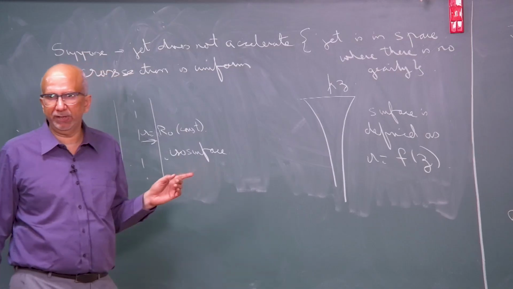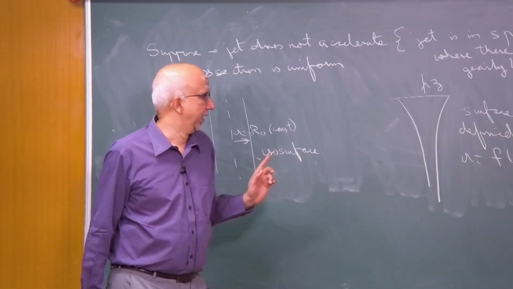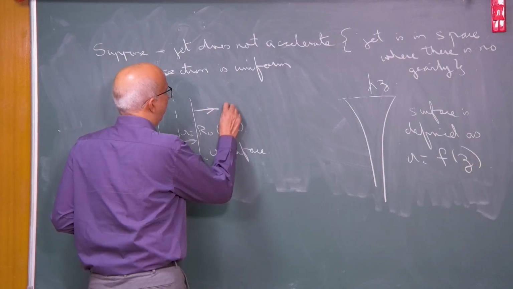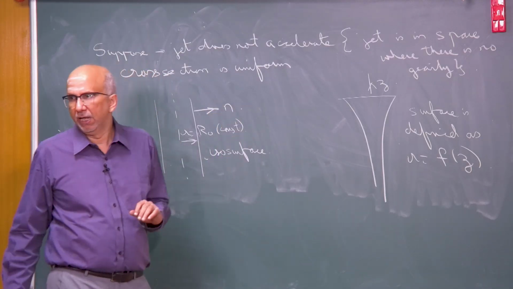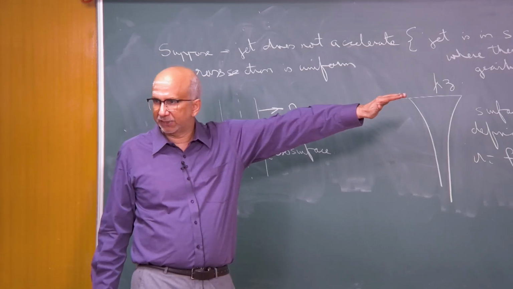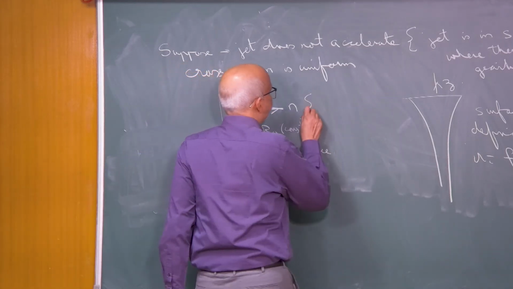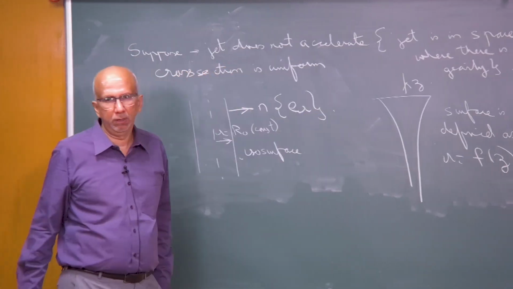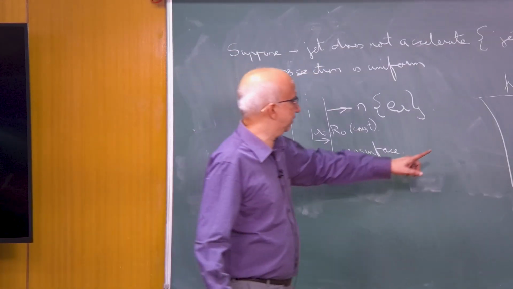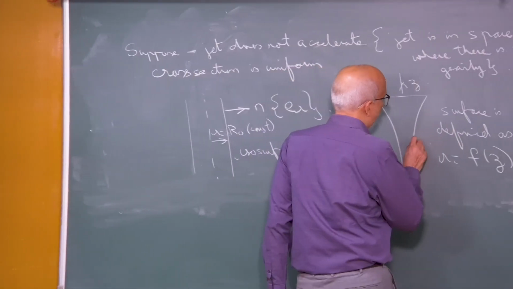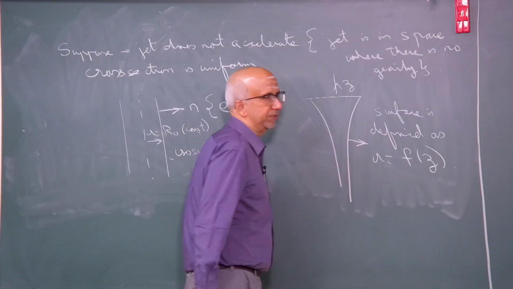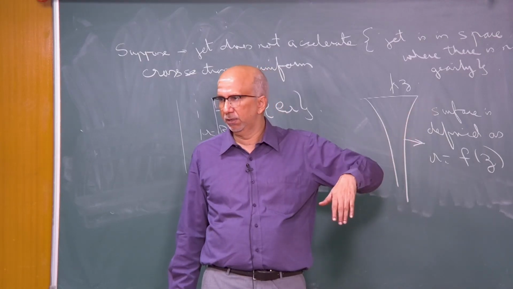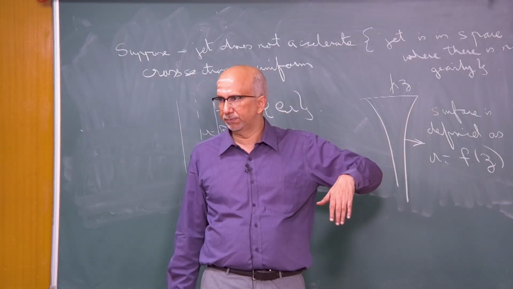Now, what is the fundamental difference between these two problems? Here the outward normal n to the surface is in the radial direction. What about this surface here? The outward normal in this system is neither in the radial direction nor in the z direction.